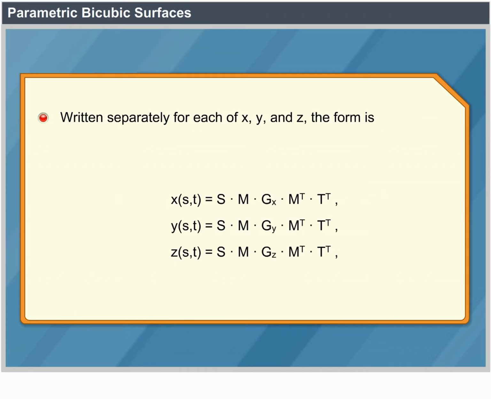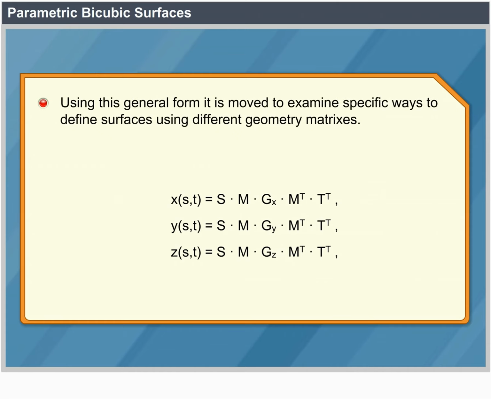Y of S, T equals S and M and Gy and M transpose and T transpose. Z of S, T equals S and M and Gz and M transpose and T transpose. Given this general form, we now move on to examine specific ways to specify surfaces using different geometry matrices.